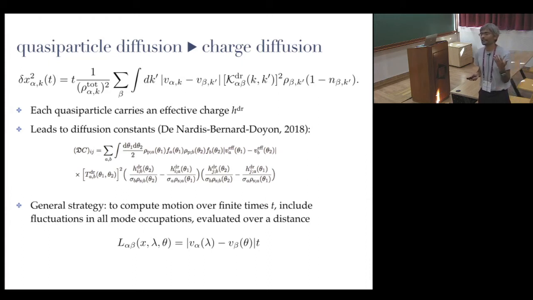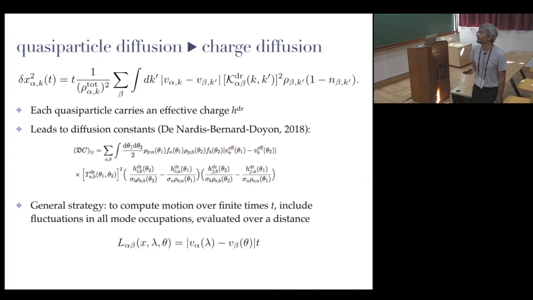So the static fluctuations in the initial state, plus the fact that you scatter off these static fluctuations, gives you a variance in the quasiparticle position, and that gives you diffusion once you convert it into a variance in the amount of charge that's been transported. Okay, so that's the basic story behind diffusion, and you've heard a lot more about it.